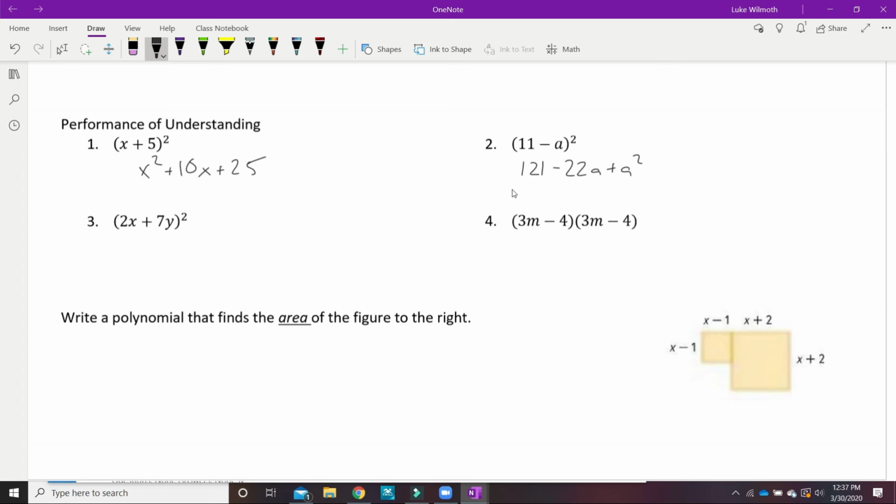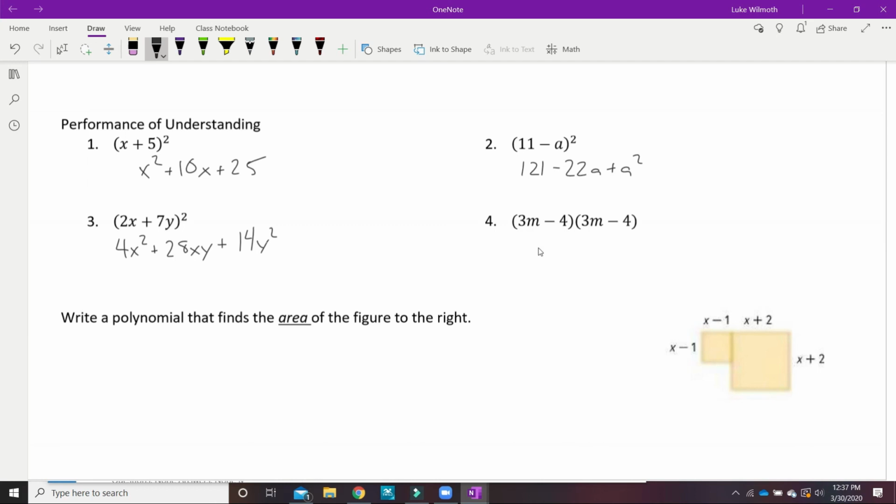I had a teacher who used to call this square double square, because you square, you double the middle two, and then you square. This one here would be 4x squared plus 28xy plus 14y squared. And then finally, well, not finally, we have 2 more.